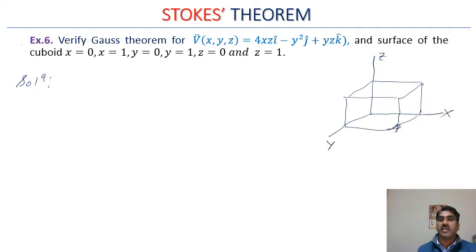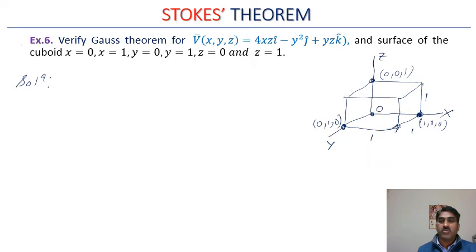So these are all 1, 1 and 1, every side is 1. So in terms of coordinates, this point is 1 0 0, this point is 0 0 1, this point is 0 1 0, and this is the origin, meaning 0 0 0.